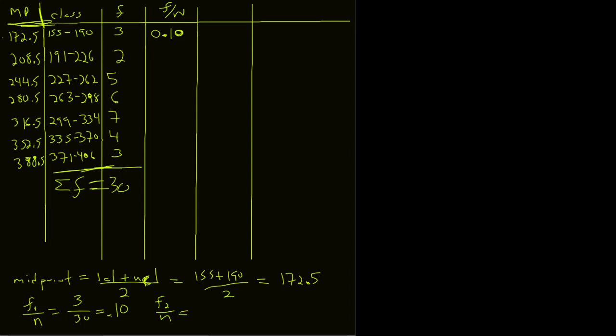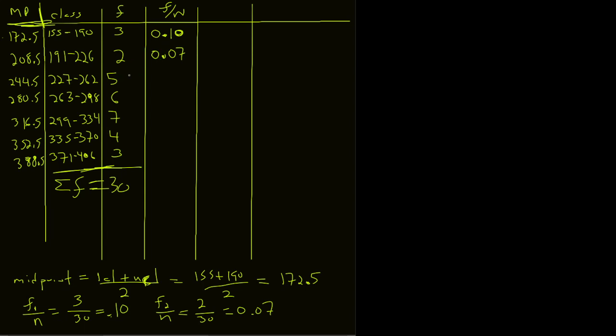But let's look at the second piece of data. f over n is 2 over 30, which is approximately 0.07 or 7%. We're going to round to 2 decimal places here. Depending on the problem, rounding to 2 decimal places really depends on what we're looking for.